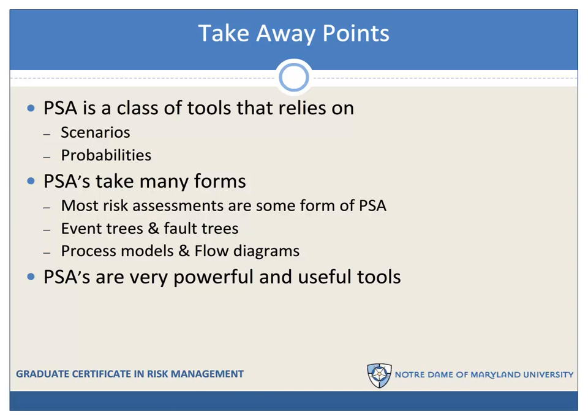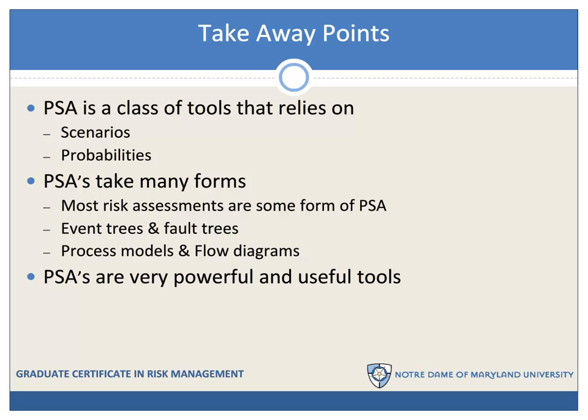Here are a couple of takeaway points. Probabilistic scenario analysis is a class of tools that relies on scenarios and probabilities. So all the tools that can be used for scenario construction and comparison, and all the tools that can be used for propagating probabilities and uncertainties in a model are all part of this class of tools.